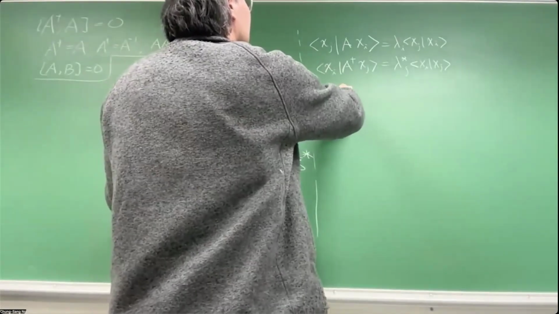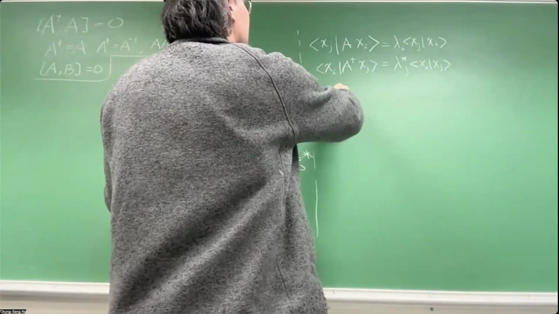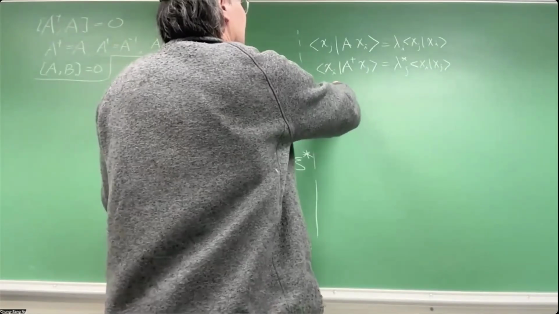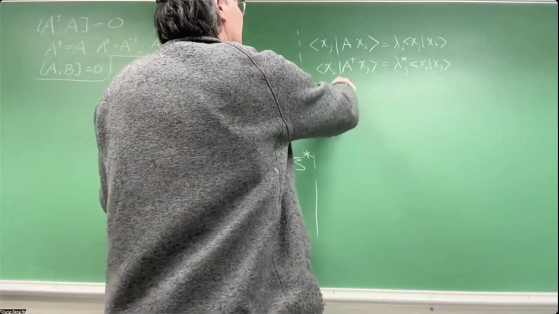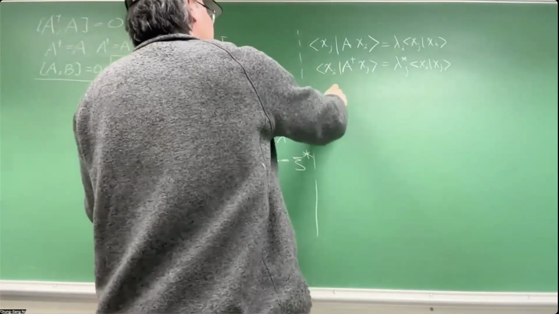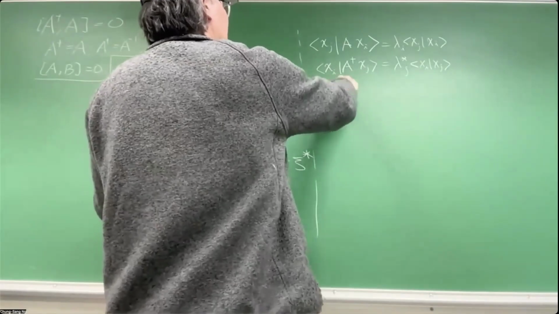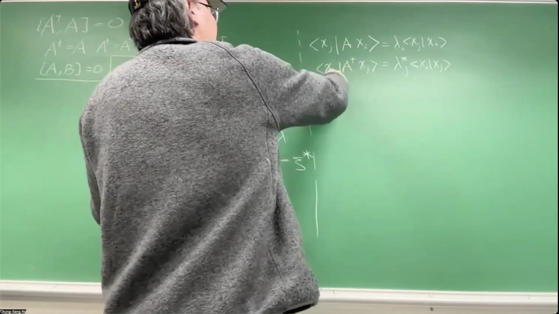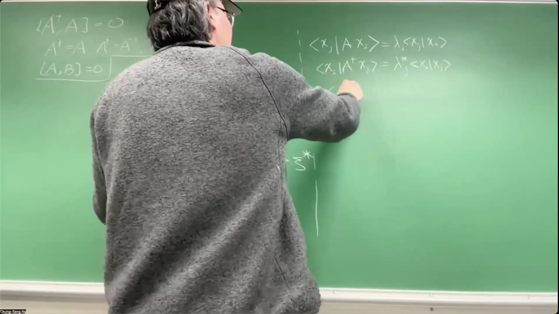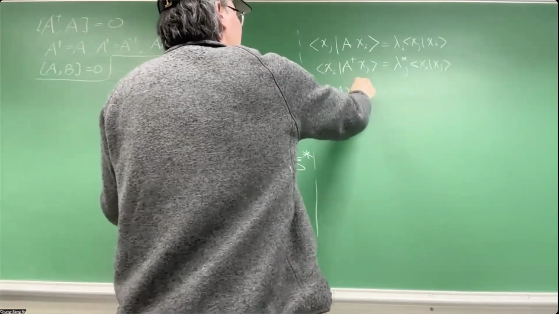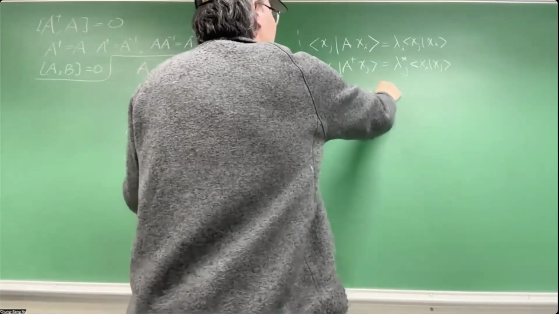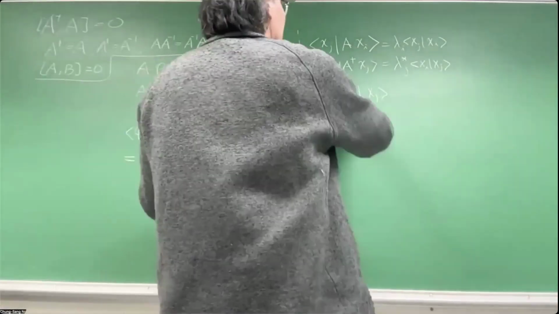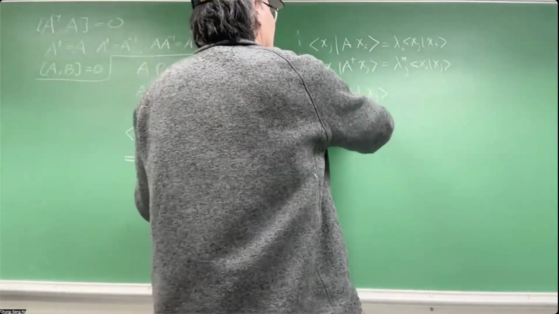One thing we can do is use the definition of the adjoint operator and move the adjoint to the left-hand side, because the adjoint of the adjoint is just A itself. So we go back to A operating on x sub i, and take the scalar product with x sub j.